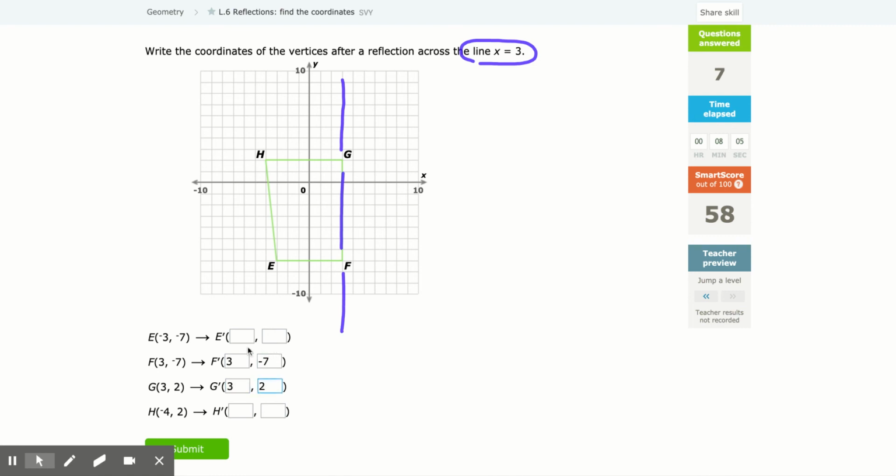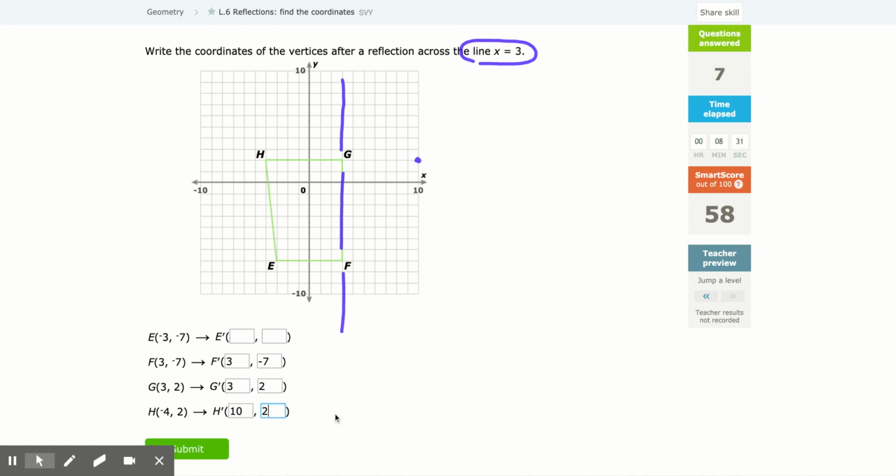They don't change. But E and H will. E, which was 3, 7 to the left, is going to be all the way over here. It's going to be right here at 10, 2. So that's H. Sorry, that's H. H is all the way over at 10, 2.